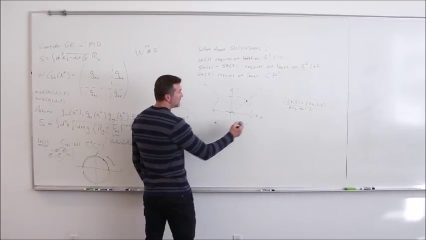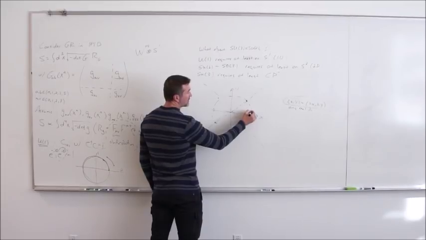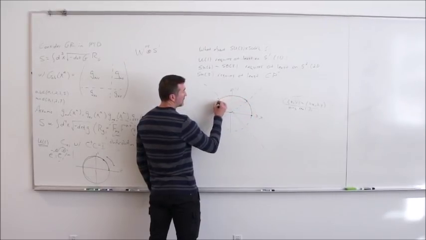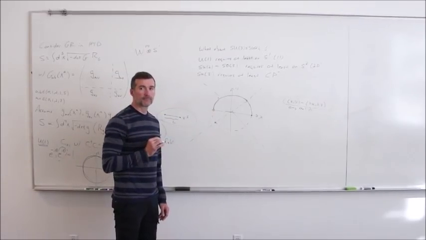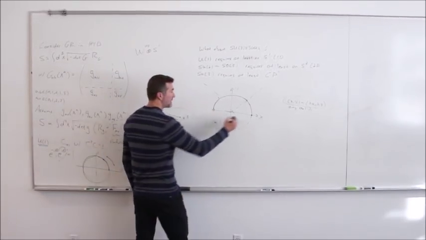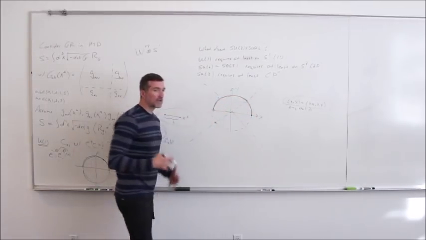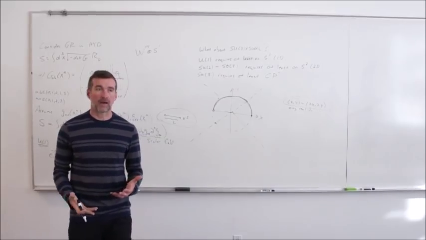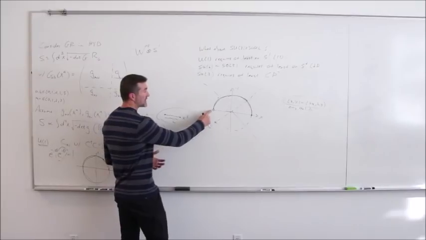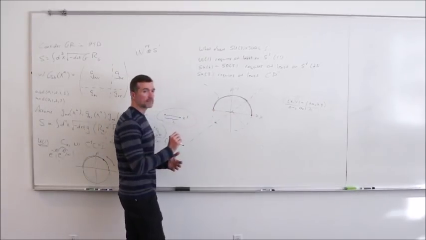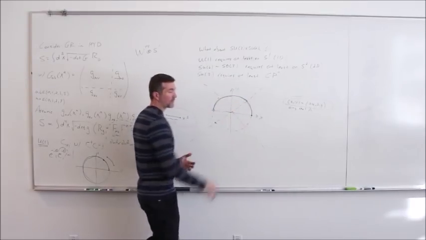So what I can do is I can start here, and I can draw the circle up to, but not including this. And this object represents the collection of equivalence classes that I'm talking about. Okay? I don't include this because this is actually the same as that. And then anything up here corresponds to something down here.